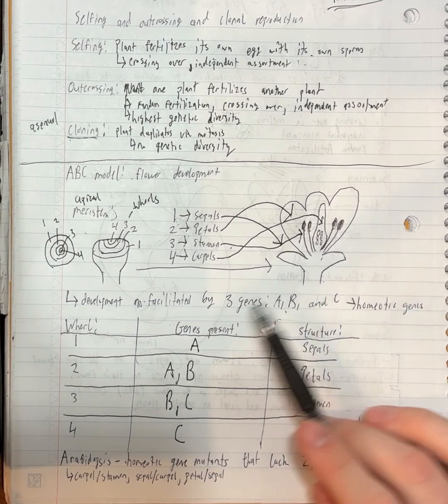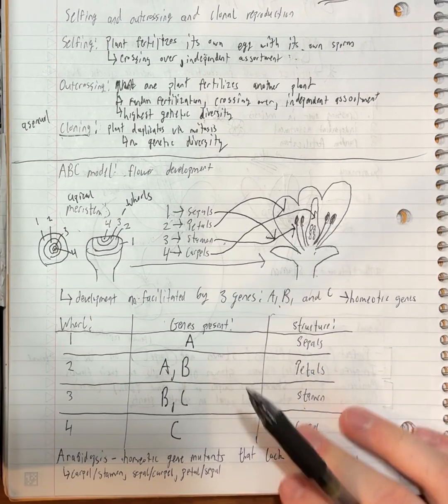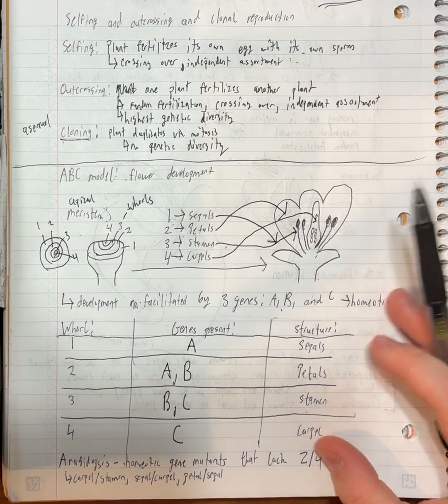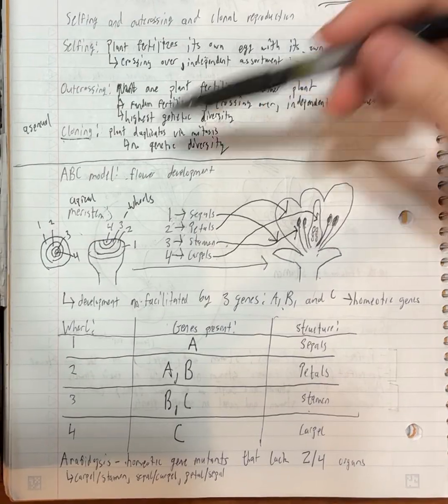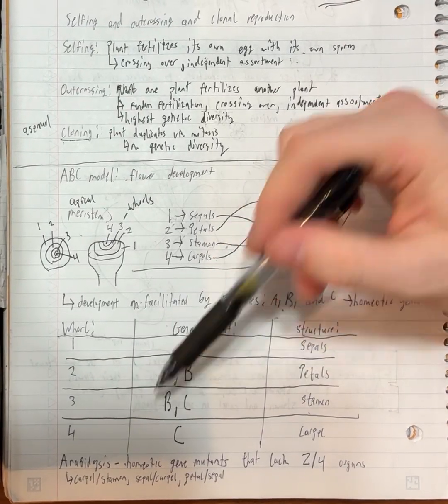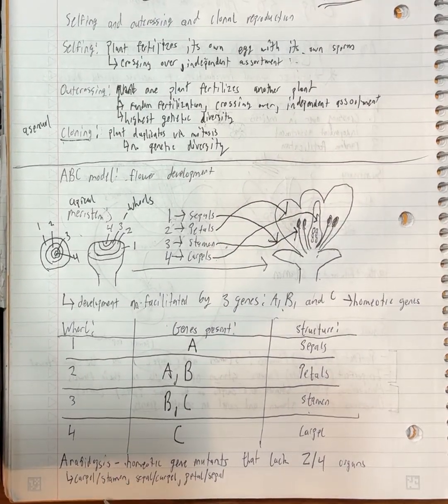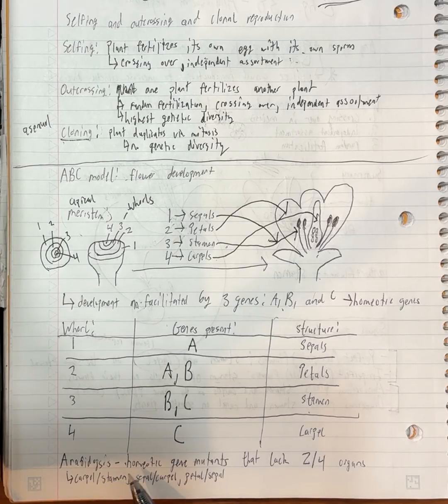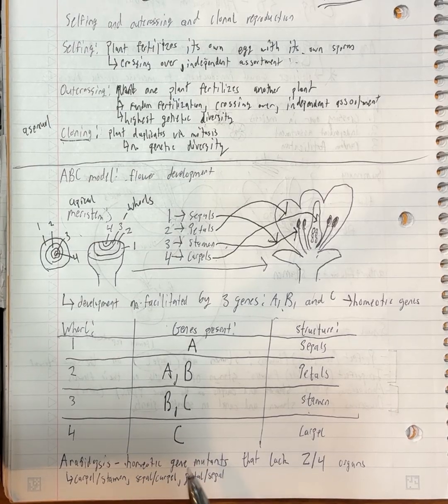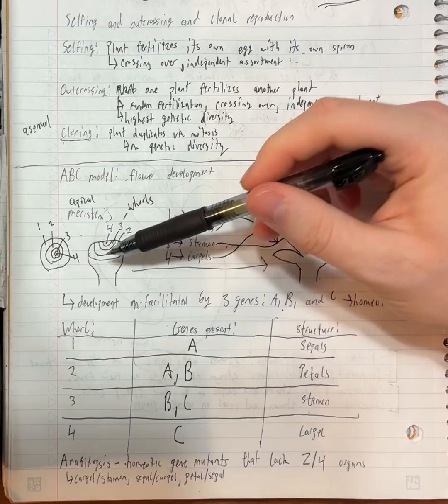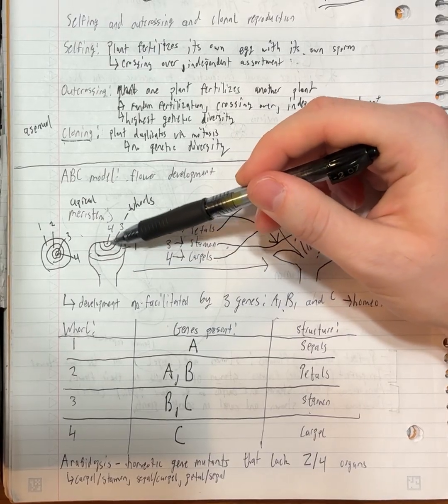So this is how the flower develops, but there is one plant pathology to talk about, and that's called arabidopsis. So arabidopsis, and make sure it's in frame, it is, means that these homeotic genes will mutate and they'll express in the wrong areas.